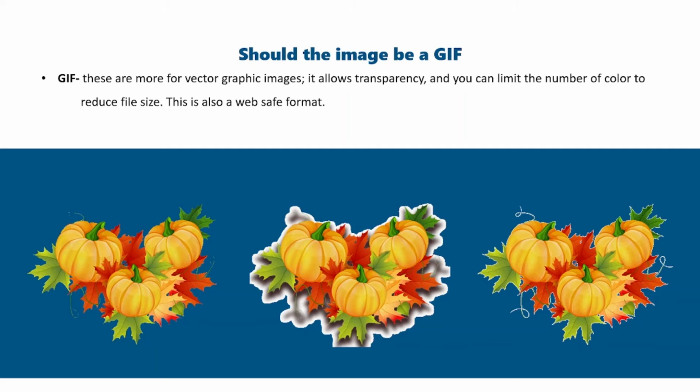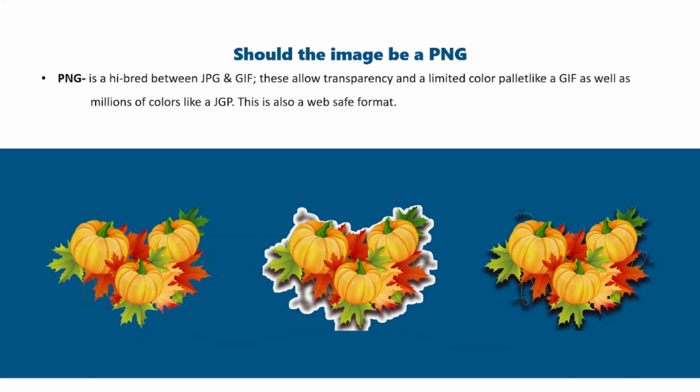So what happens when you have the transparency, the vector artwork, and you want to use the effect? Well, in those cases, you're going to move to the PNG format. Now, this is kind of a hybrid between a GIF and a JPEG.